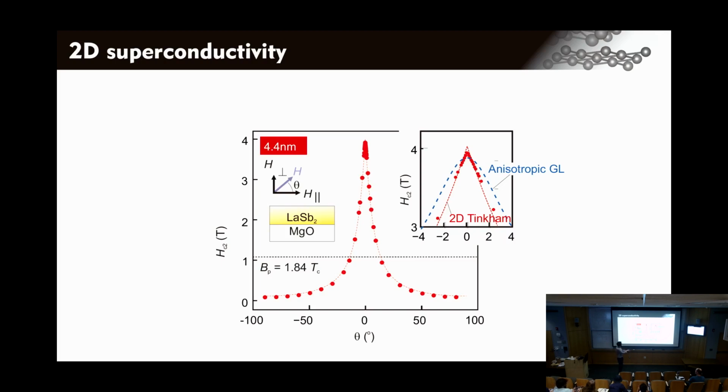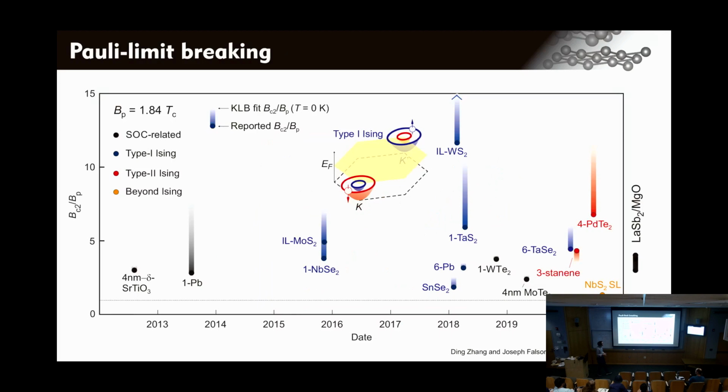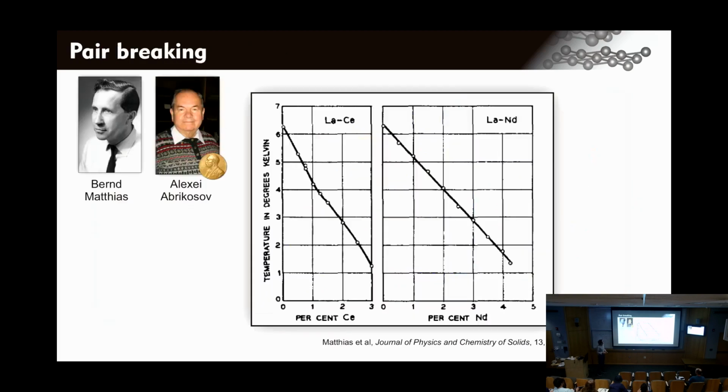So we rotate the direction of the magnetic field, it follows its cusp, which is best fit by a 2D Tinkham. This is a very standard analysis. Okay. So it's a new 2D superconductor, a new family of 2D superconductors, which is highly anisotropic. That's great. What else can we do?